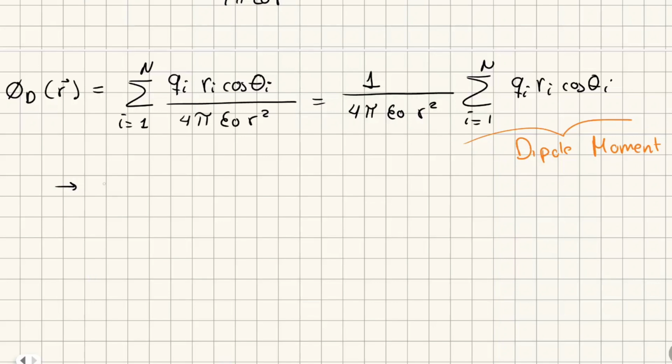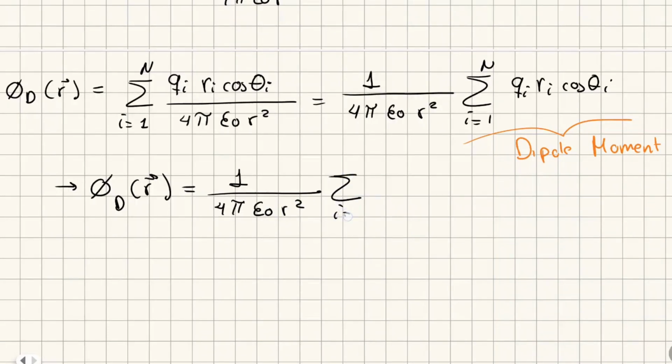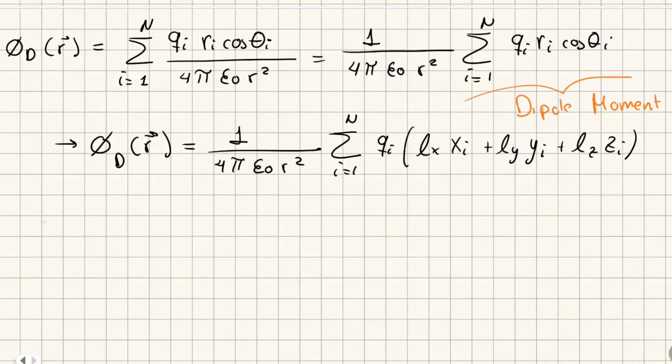So we get that the dipole term of the electric potential is going to be equal to 1 over 4 pi epsilon 0 r squared times the sum from i equals 1 up to n of qi times Lx xi plus Ly yi plus Lz zi. It's very easy to work with this expression.